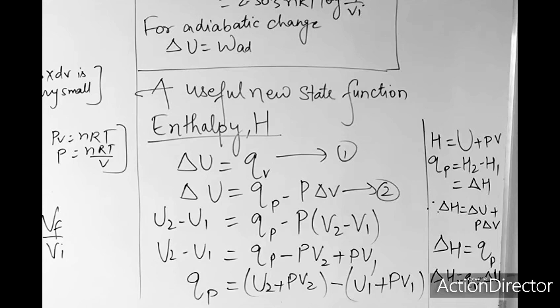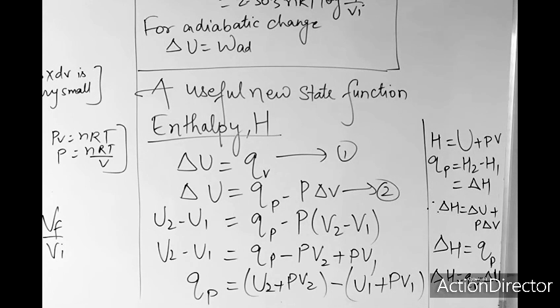When you substitute the value of P delta V, delta H is equal to delta U plus delta NG RT. So this equation is useful for calculating the enthalpy and internal energy, or vice versa. Here you have just heard about a new state function called enthalpy, denoted by capital H, and how changes of internal energy and changes of volume relate to changes of enthalpy.